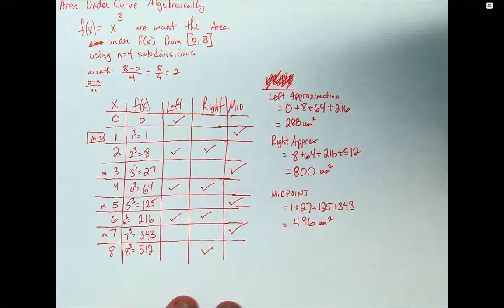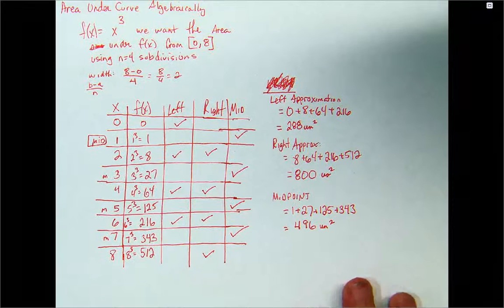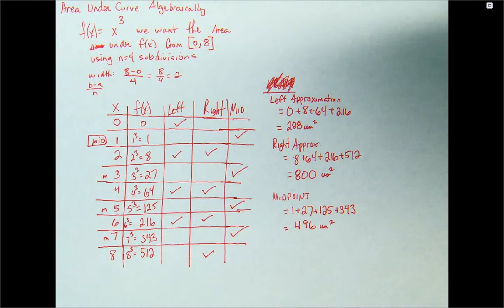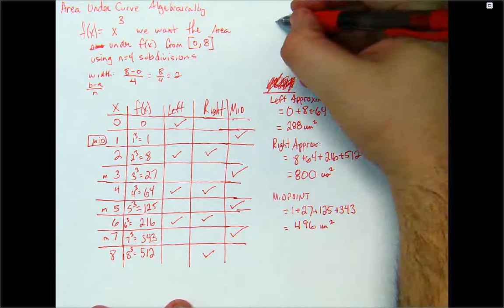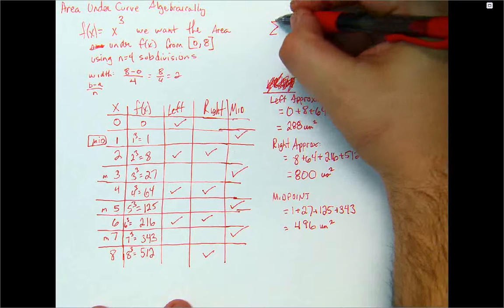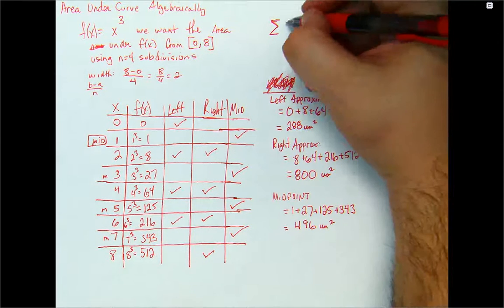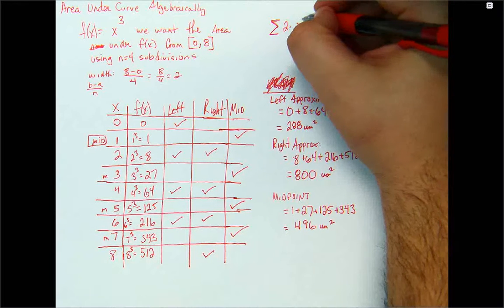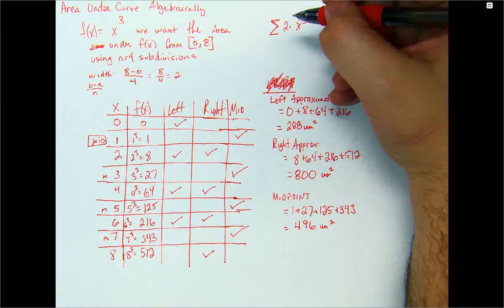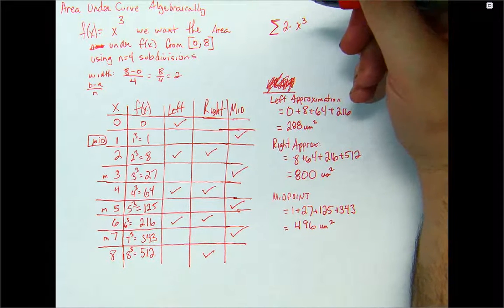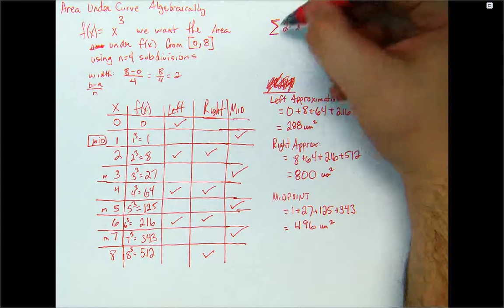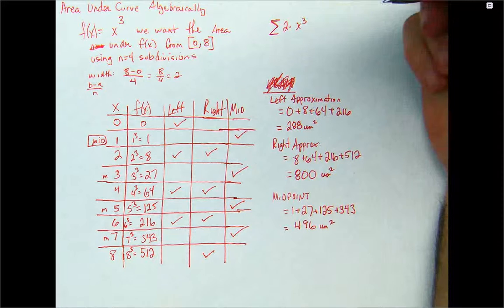Now this is, like I said, how you would approach a problem like this algebraically. Well, a combination of numeric and algebraic. If you want to be purely algebraic, you would say this. You want to do the summation of, what's the width? 2 times x cubed, and then you'd want to figure out what those would end up being, and that would be a lot more challenging.